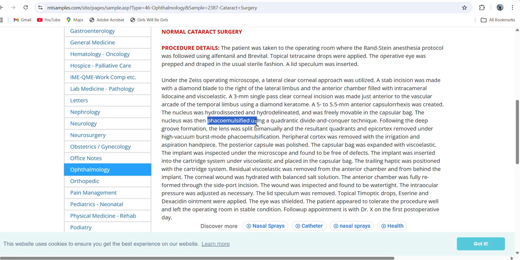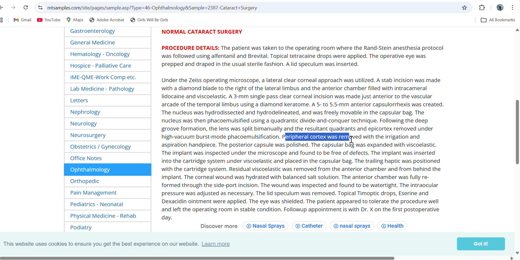Phacoemulsification has been done. So, can anyone say what phacoemulsification is? Phacoemulsification is a minimally invasive technique. Basically, a probe is used to remove the cloudy lens, and after that the insertion is done.